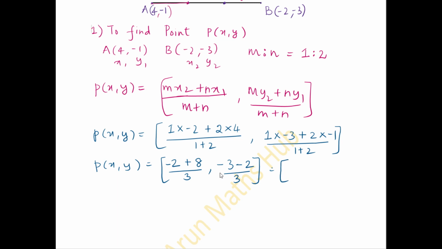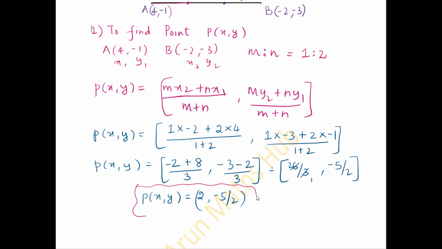Therefore what we get is minus 2 plus 8 is 6 divided by 3, comma, minus 3 minus 2 is minus 5 divided by 3. Therefore we get the point P(x, y) equals 2, comma, minus 5 by 3. The point P is 2, comma, minus 5 by 3.